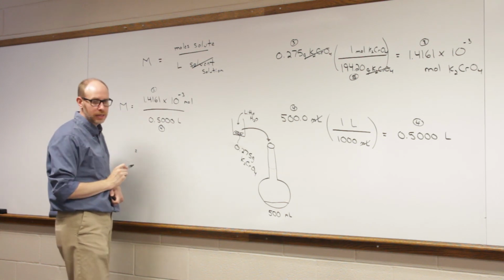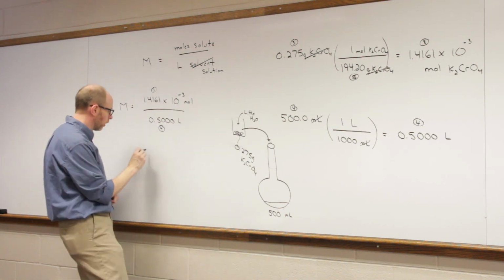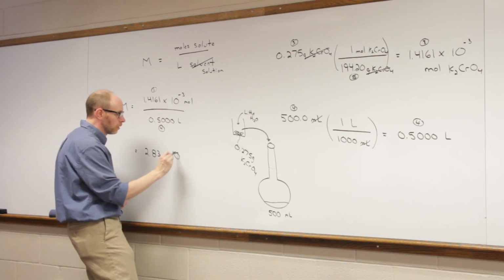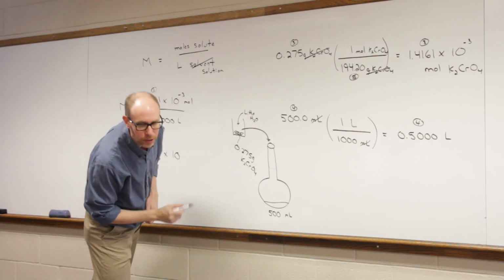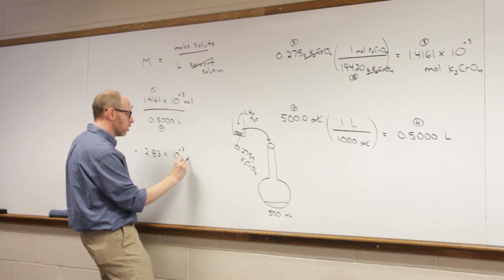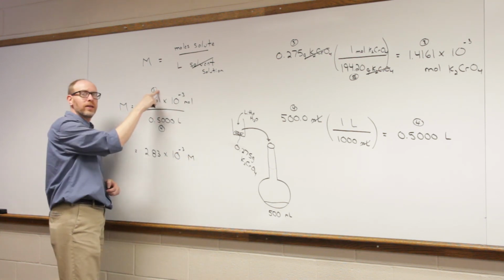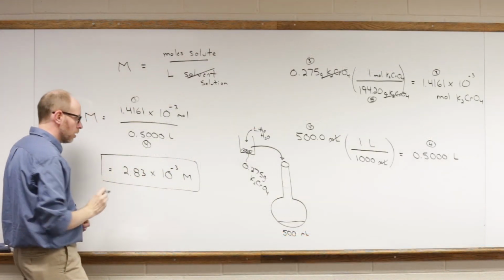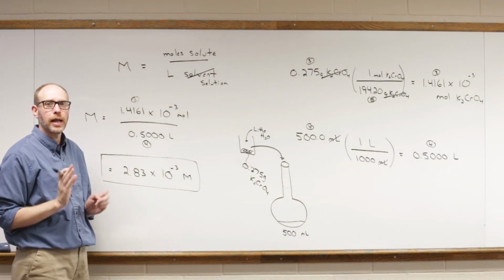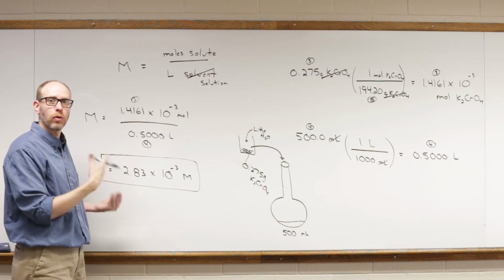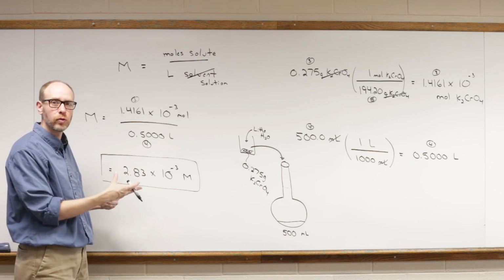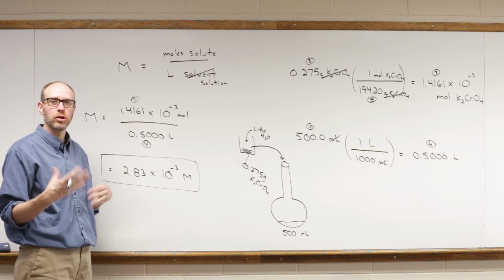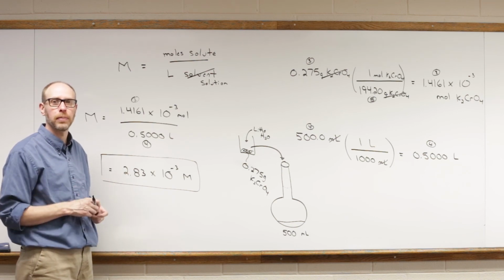And when you calculate that molarity, you should end up with 2.83 times 10 to the minus 3rd molar, 3 significant figures from the 3, and that's our answer. Now, this is a straightforward way to express or use molarity or calculate molarity. We're going to find that dilution is going to be a little more complex than that.